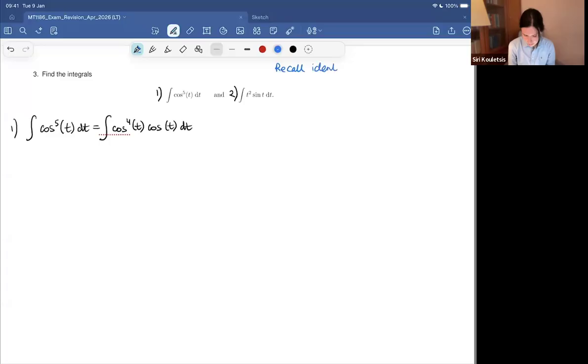And the identity that's going to be useful here is cosine t squared plus sine t squared equals 1.